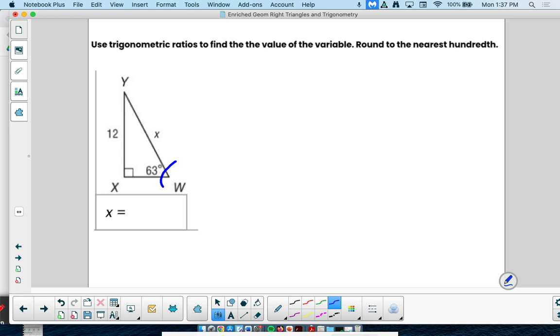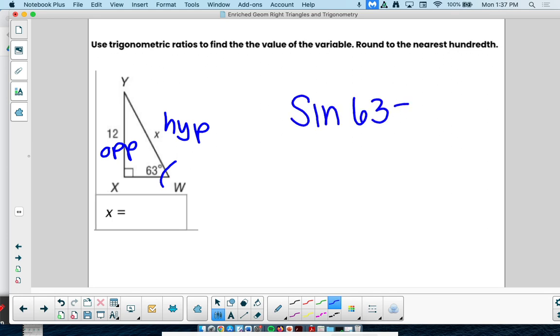Opposite. What's x? Hypotenuse. What trig function uses opposite and hypotenuse? Sine. Yep, the sine of 63 equals 12 over x.